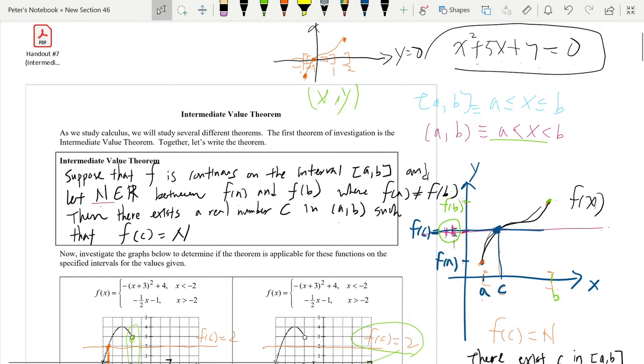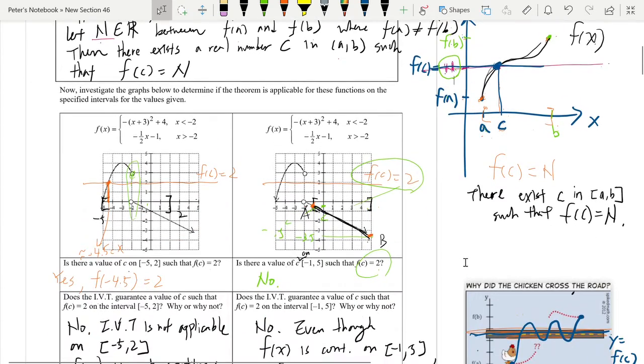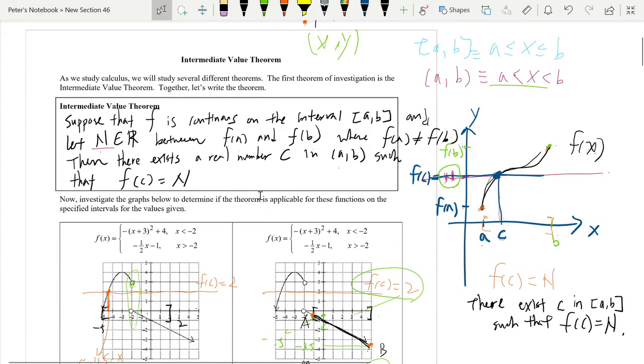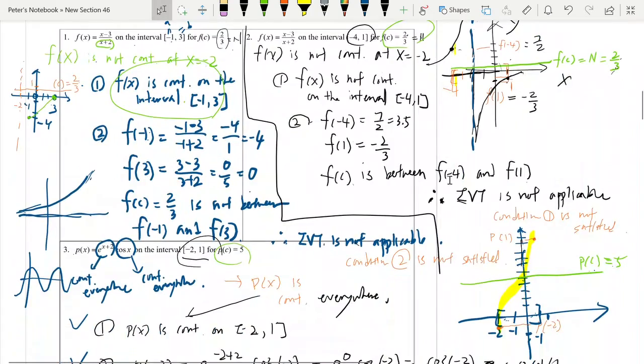If this n value is outside the values of f of a and f of b, then we cannot use the intermediate value theorem. And here we're not actually trying to find the actual c. This is an existence theorem, where we're just saying there is a value c that satisfies this output n, or f of c.